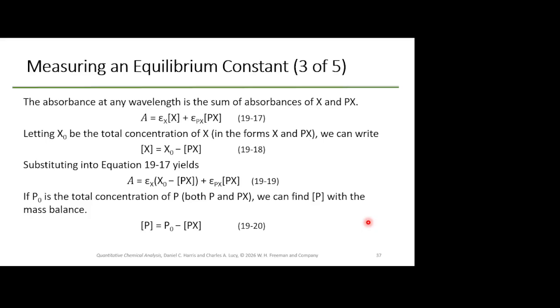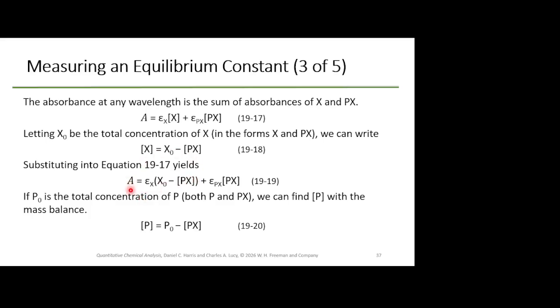So the absorbance at any wavelength is going to be the sum of the absorbance from the X and the PX. If we let X0 be the total concentration of X, we can write this out like so. The X is going to be that X0 minus whatever amount got turned into the protein complex, right? And so we can substitute that in, and this makes it much, much easier to solve, and it makes it linear.